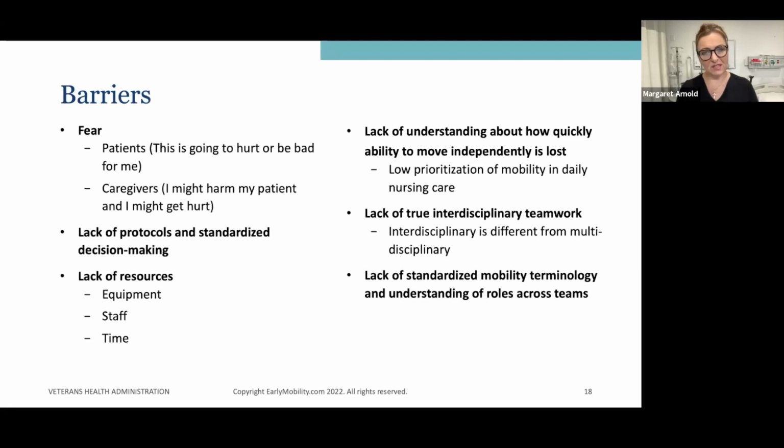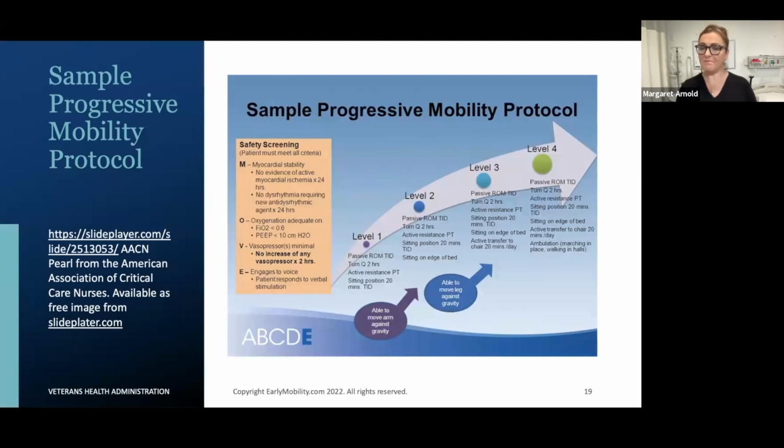This is one of the things that we can do to set a really strong foundation for our mobility program, is to help all caregivers understand how we can build mobility into what we're already doing for our patients on a daily basis during the course of care that we are providing anyway. There are many different protocols available for progressive mobility.